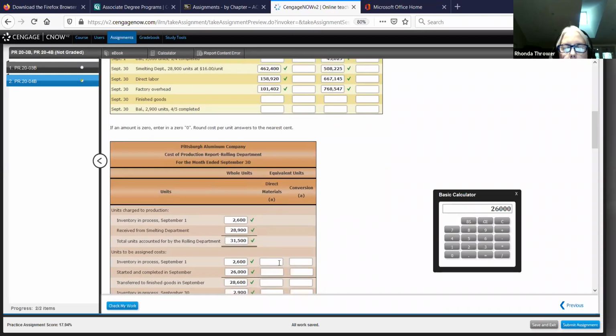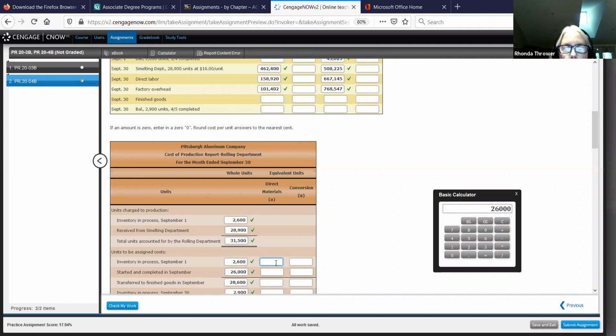And so what you have to know is that your materials are added at the beginning of the process, which means all the materials cost went into last month's ending inventory that was brought forward into this month as beginning inventory. So we have 100% of our materials that was added last period.